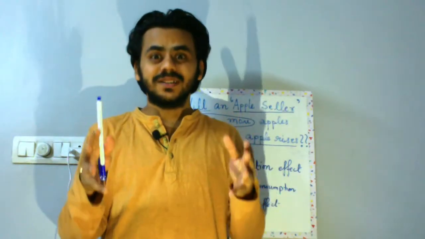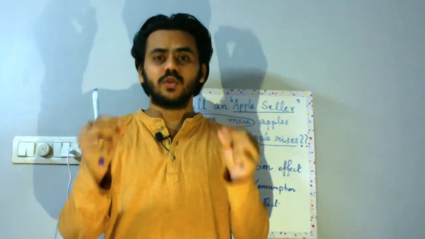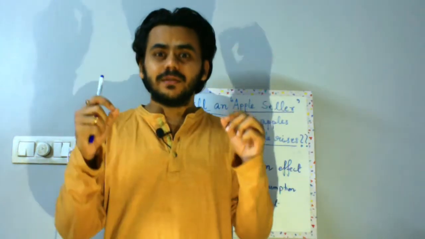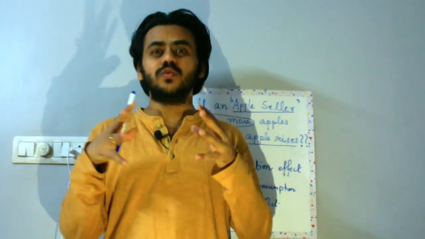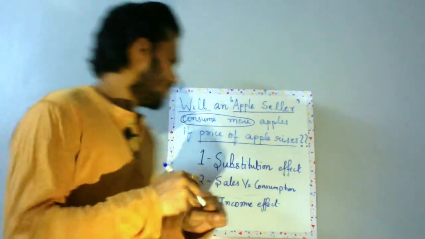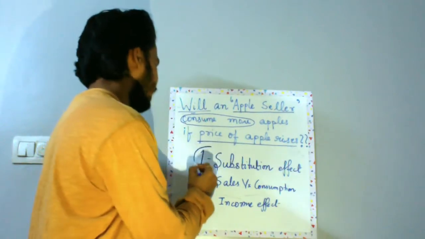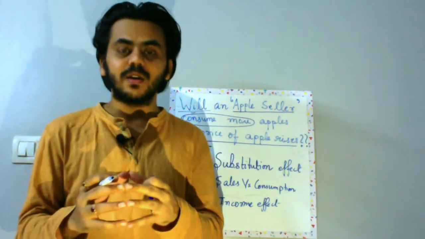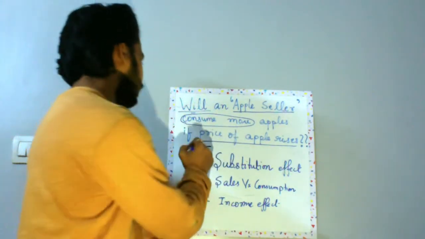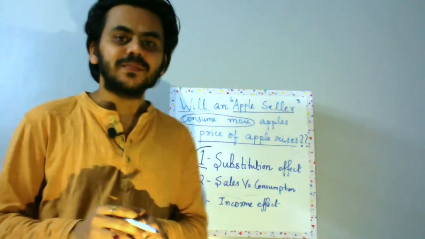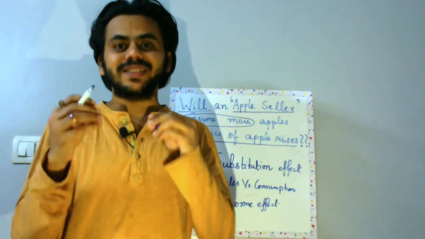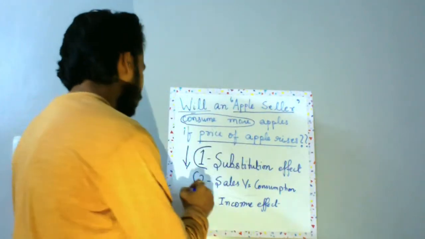So to continue the discussion, when we have goods which we consume more when we have more money, a net seller of that good has two drivers or two forces in opposite directions. Substitution effect will tell the net seller of that good to consume less, but effects 2 and 3 will tell the seller to consume more.